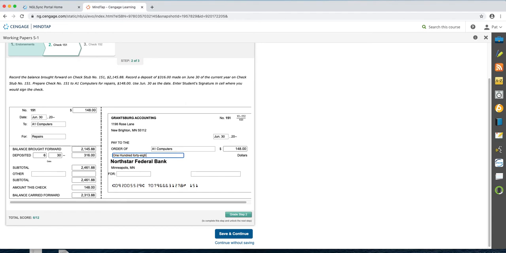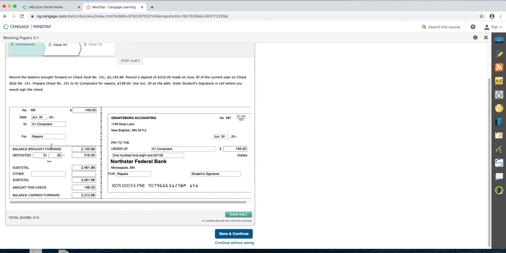We put the dash there with 48 and 0 over 100. Okay. What is this for? Repairs. And then you usually sign that with your name, but we're writing student signature.